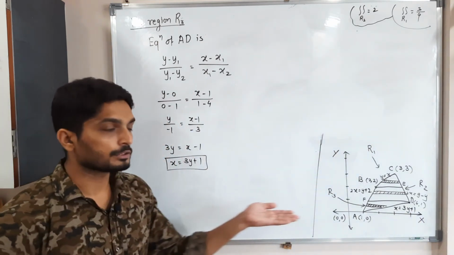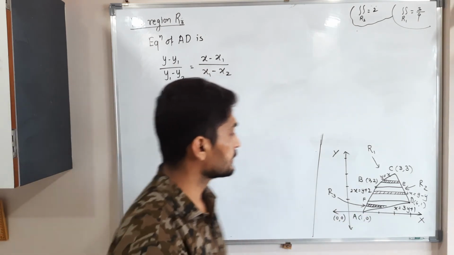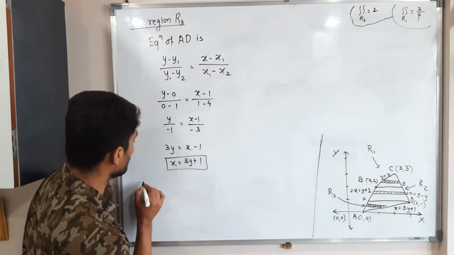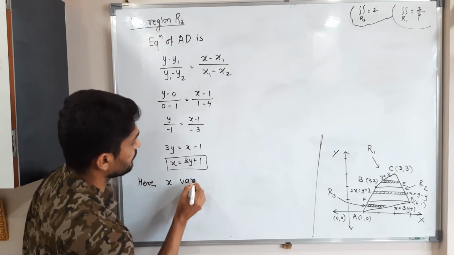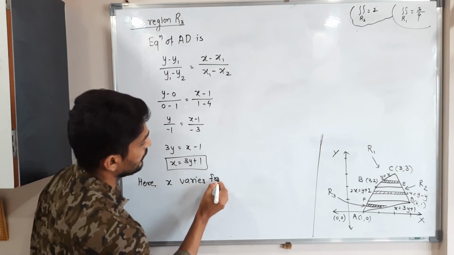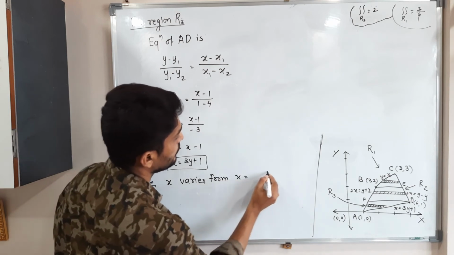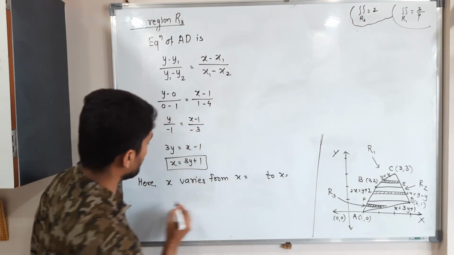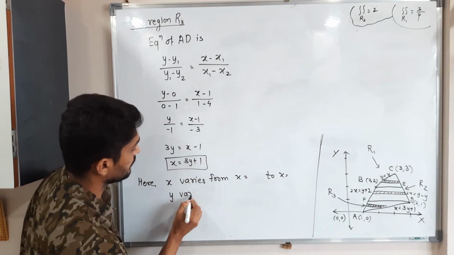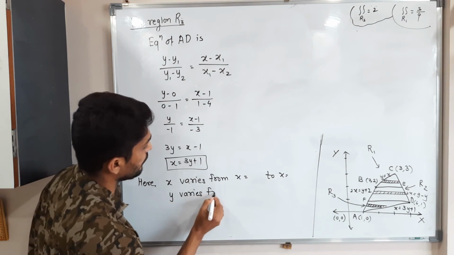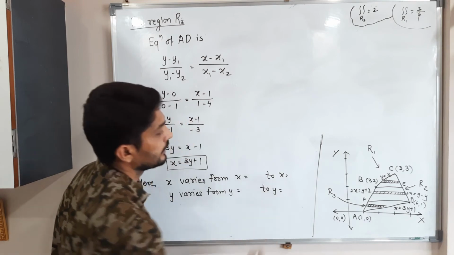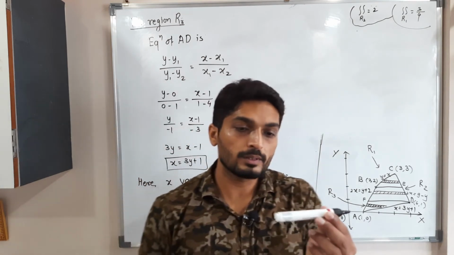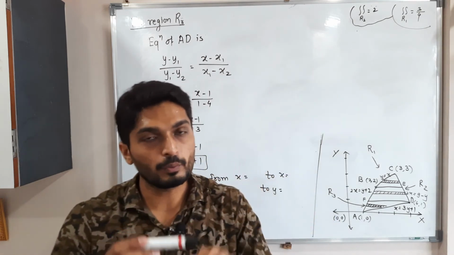So here we have considered a strip parallel to the x-axis. So here x varies from x is equal to something, and y varies from y is equal to something. Since the strip is parallel to the x-axis, it is bounded below and bounded above, from bottom to top.